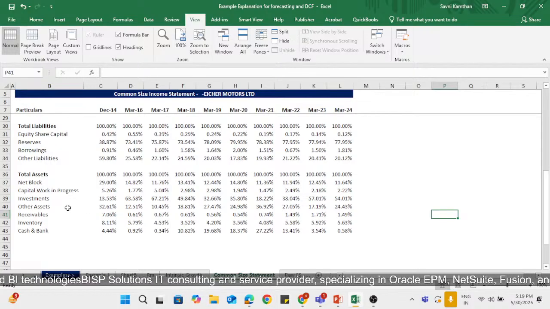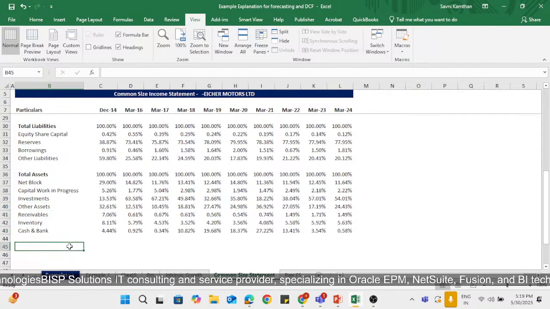Okay, so if we are calculating other assets, I will be deducting my receivables and inventory because they are included in my other assets, and then once I have calculated my other assets, I will be dividing it by total assets. Receivables and inventory will also be divided by my total assets because they are now individual entities, right?